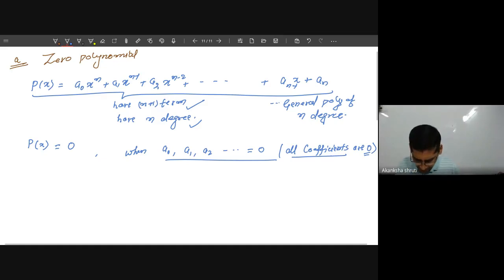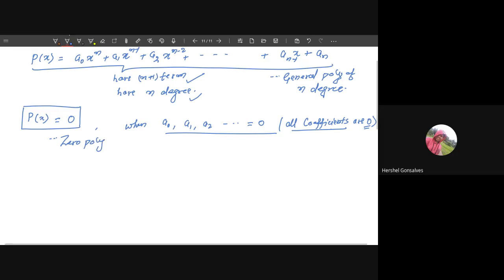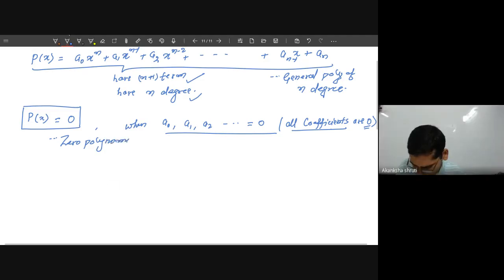So the value of this polynomial is 0. Such a polynomial whose value is 0 is known as the zero polynomial. This is called the zero polynomial.